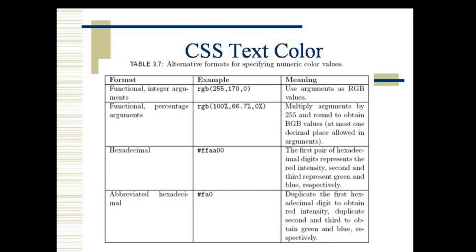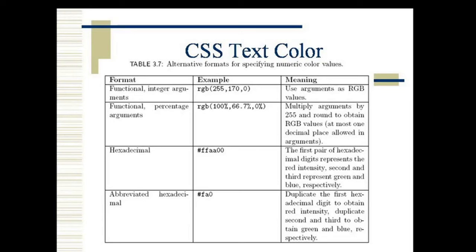The maximum value is 255. It starts from 0 and goes up to 255 for each of these. Then you are providing the green to be 170 and blue to be 0. Then you can also provide them as percentages, like RGB of 100%, 66.7%, and 0% will do the same.